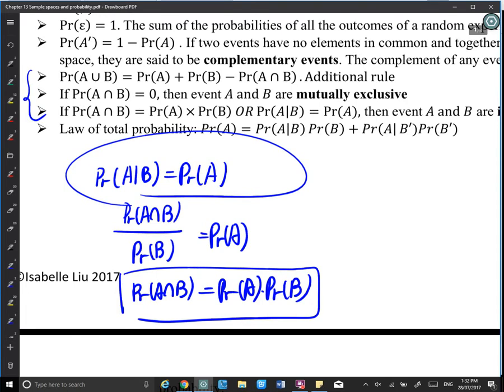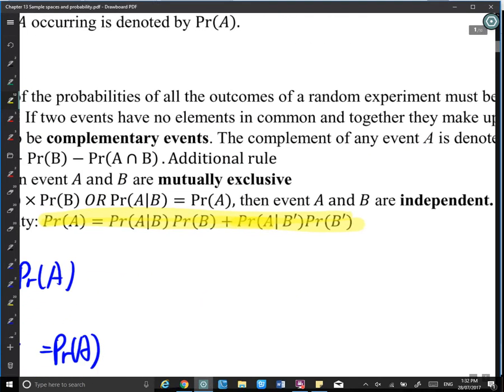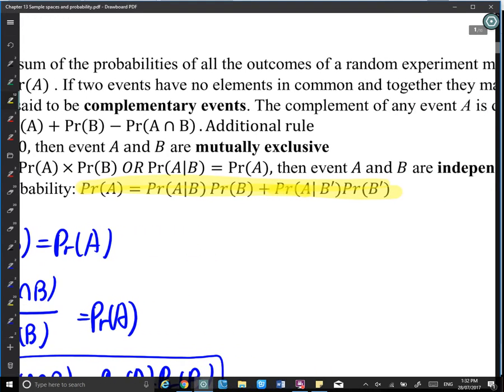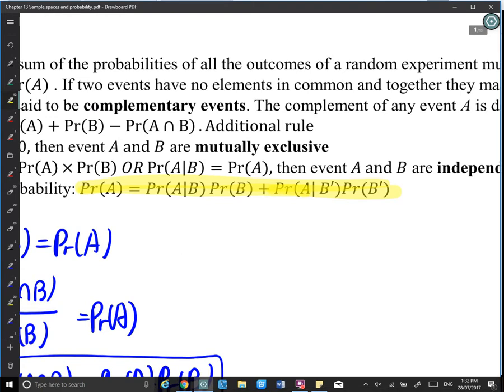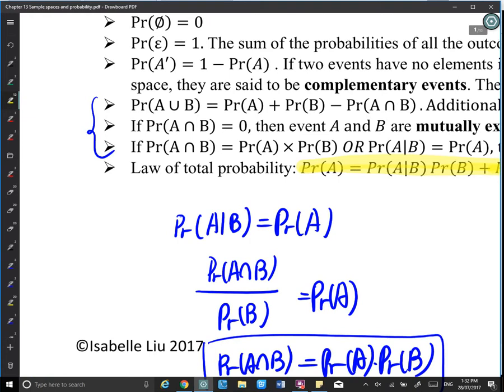That's this one. And the last one, there's another formula here. You don't really need to work it out, but better know it. Probability A equals probability A given B times probability B, plus probability A given B dash times probability B dash. That's called the law of total probability.